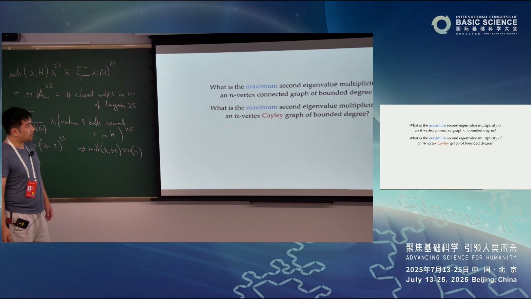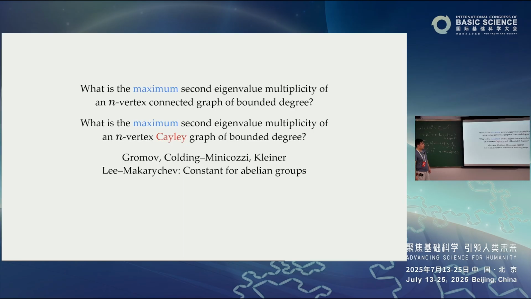In particular, if your Cayley graph comes from abelian groups, then already work by Gromov, Coding et al. showed that the second eigenvalue multiplicity is bounded by a constant. So that really means that if you want to get high second eigenvalue multiplicity, you are looking at really non-abelian groups.